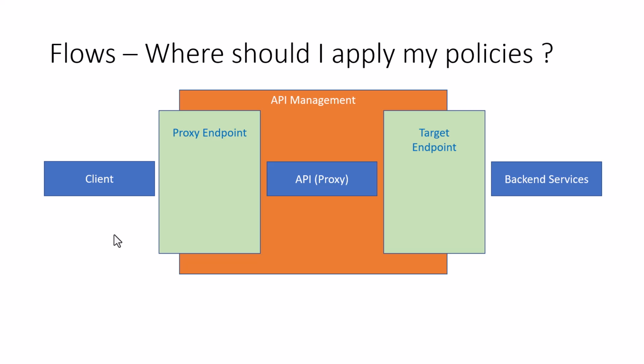Now, where do I apply this policy? We can break this into two different sections. The client's request going to the API proxy, we can mark as the proxy endpoint, and then from the API proxy to the backend services, we can mark that as the target endpoint.